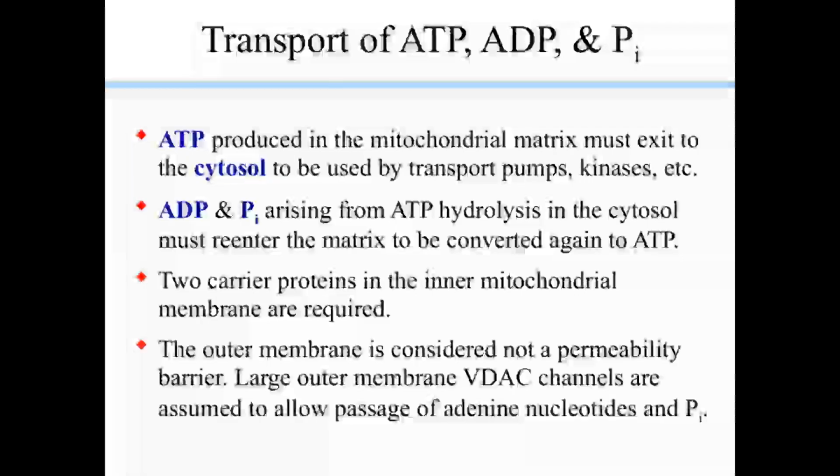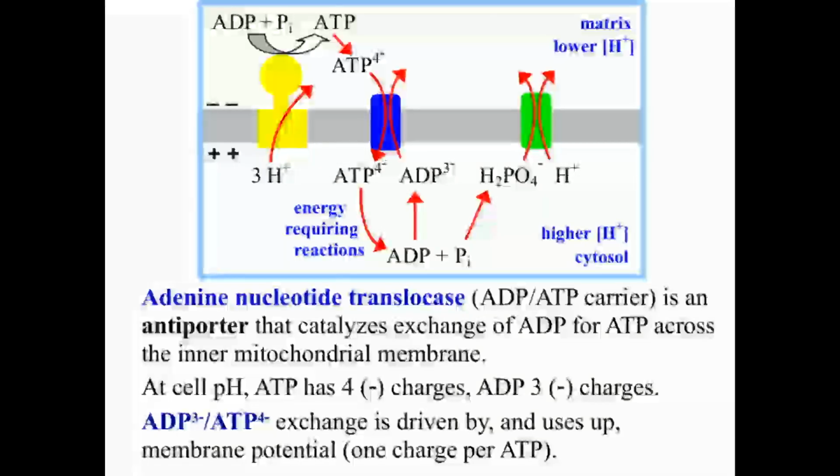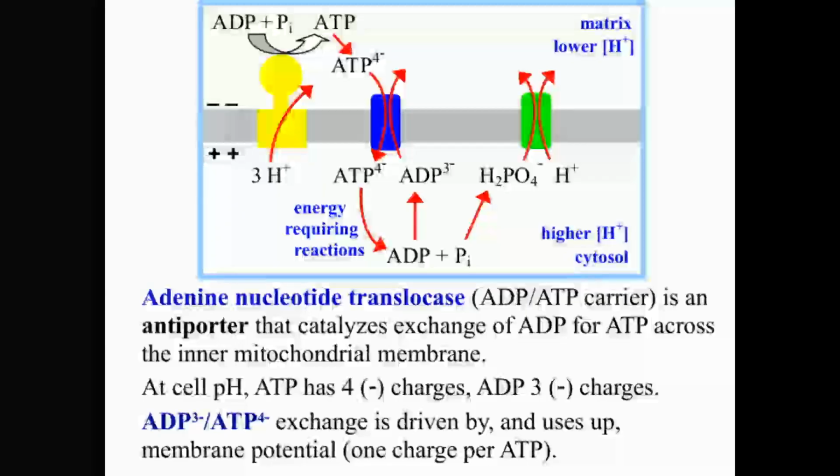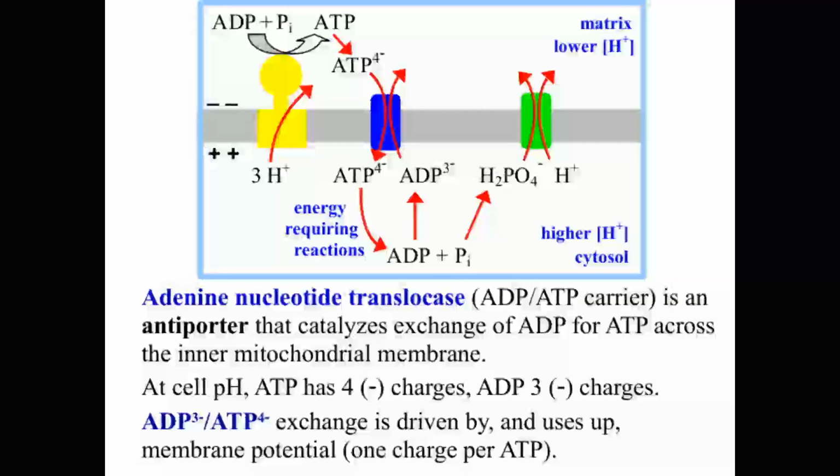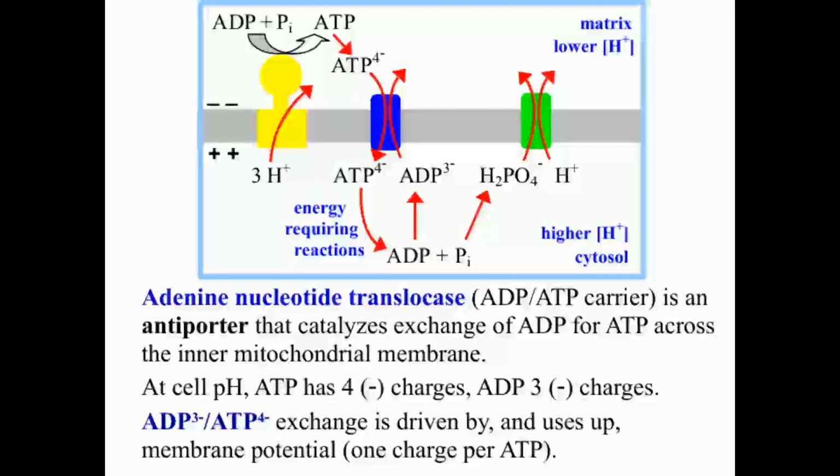Let's talk about the adenine nucleotide translocase, also known as the ADP-ATP carrier. This is an antiporter, meaning it exchanges molecules in opposite directions across the inner mitochondrial membrane. Specifically, it catalyzes the exchange of ADP for ATP. Now, at the cellular pH, ATP carries 4 negative charges, while ADP has 3 negative charges.